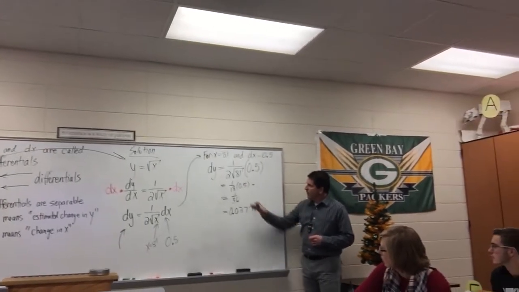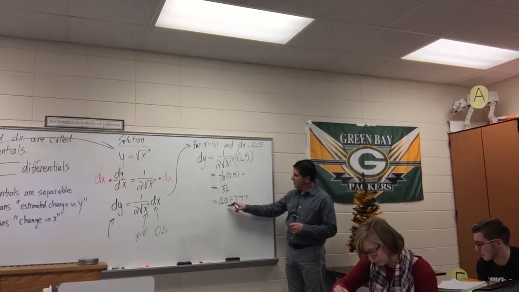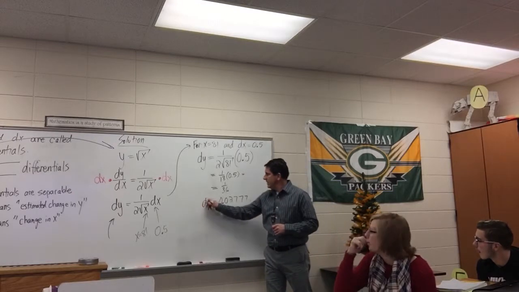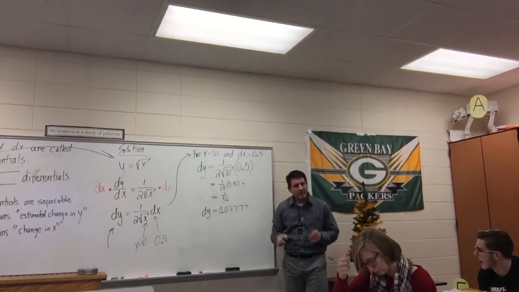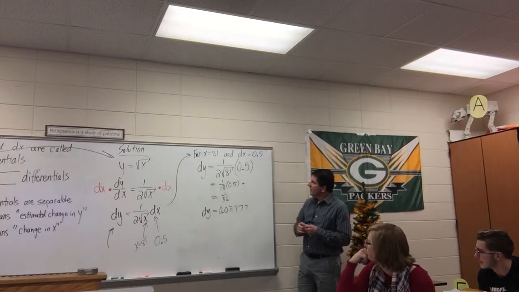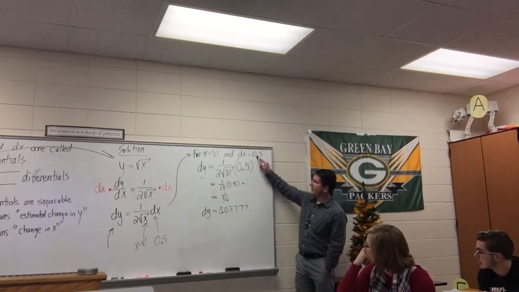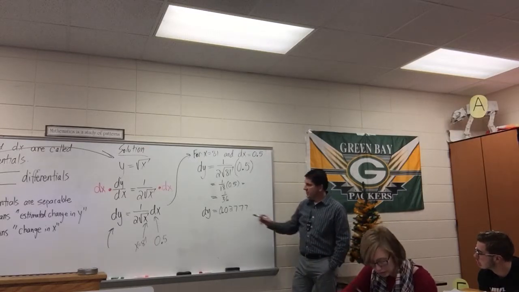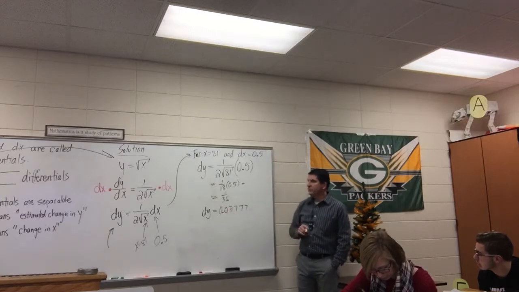Okay. 1 over 36 is equal to this decimal. This is what this is saying. If I change my x by 0.5, my y is going to change by 0.027 repeating.